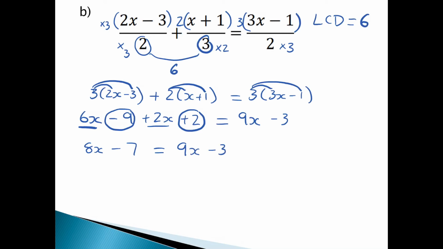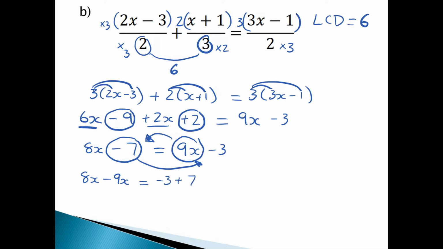So now I want to make sure that my variables are on one side and my constants are on the other. So what I'm going to do is I'm going to move my 9x over, and I'm going to move my negative 7 over. So I'm going to be left with 8x minus 9x equal to negative 3 plus 7.